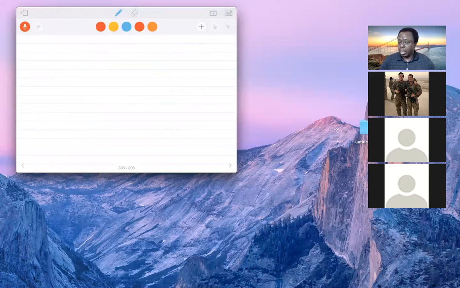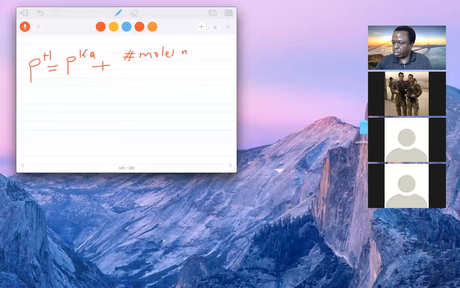It turns out that this is also true, so you may want to look at what you are given. pKa plus the log of the number of moles of base over the number of moles of acid.